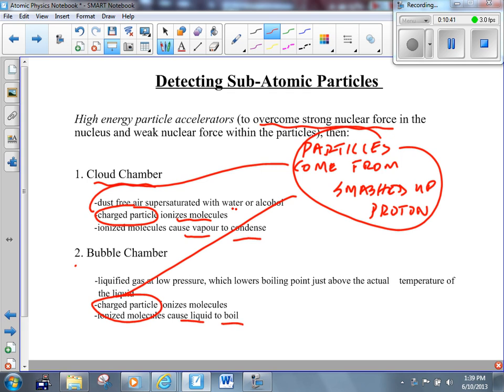Instead of following the condensation trail that we get in the cloud chamber, we follow the bubble trail. So we never see these things that make up the protons, but we can see the trail they leave behind, which doesn't tell us everything, but tells us a whole lot about what produced the trail, just like the contrail following the airplane told us about the airplanes.